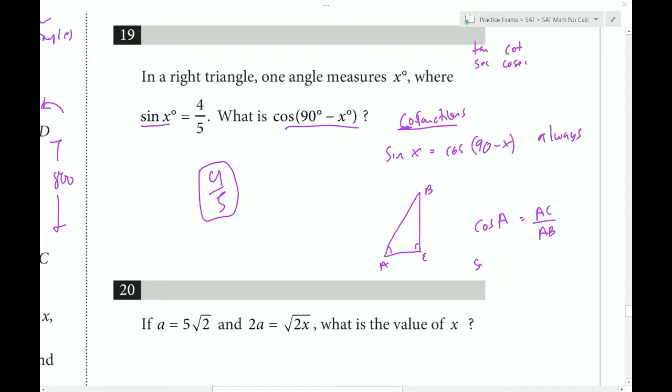But the sine of B would be opposite, which is again AC over hypotenuse, which again would be AB. And if you notice, these are the same.